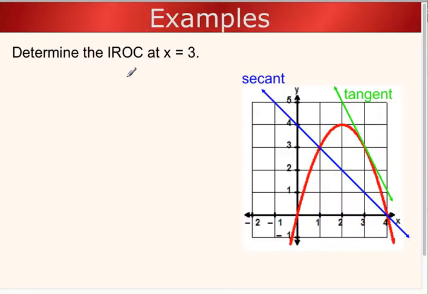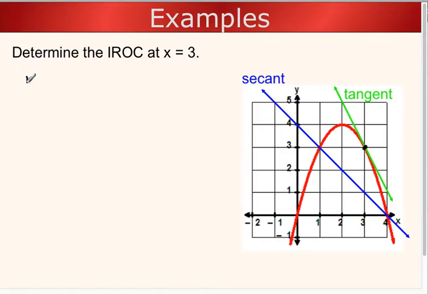So say I had to calculate the instantaneous rate of change at that moment, at x equal to 3. If I had a nice perfect graph and I've drawn a tangent line as accurately as we can, which sometimes is unreliable, then all we would need to do is calculate the slope of that tangent line, which is done our normal way.